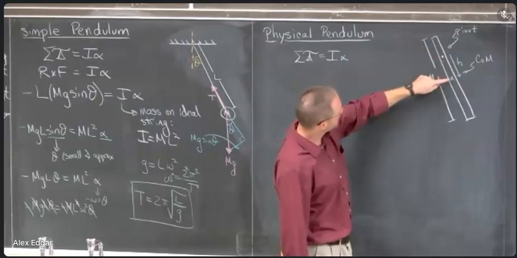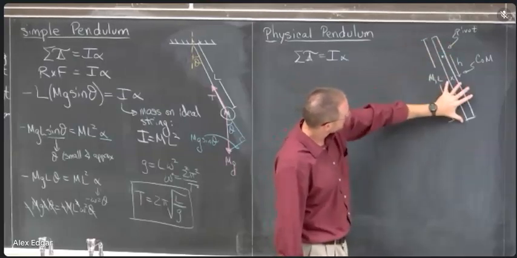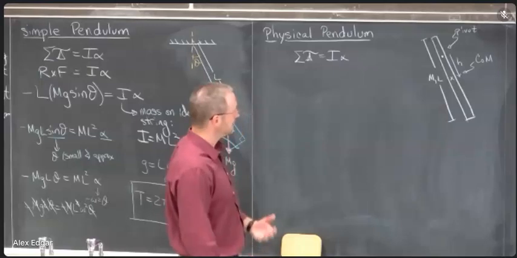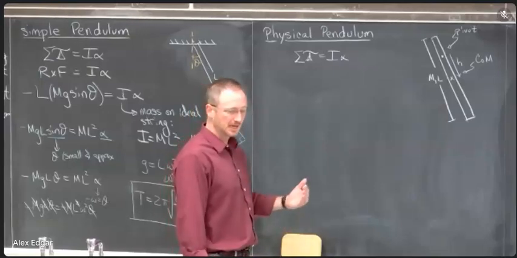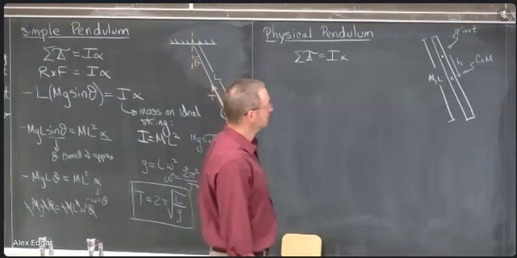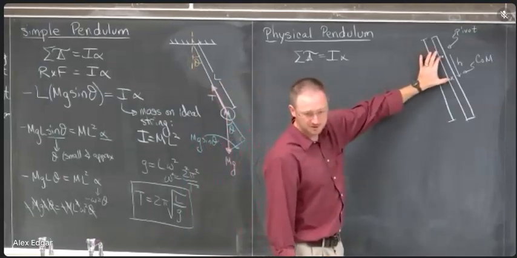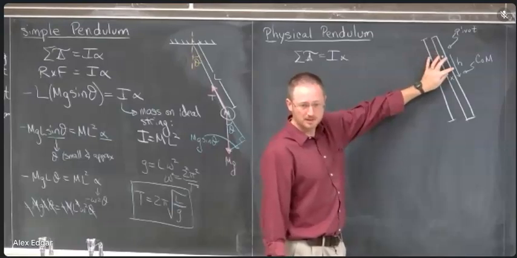And then what we have is our center of mass that is, in the case of an ideal meter stick, at the middle. But the center of mass of any given object might not be at the middle of your object. And we measure the distance between the pivot and the center of mass with h.